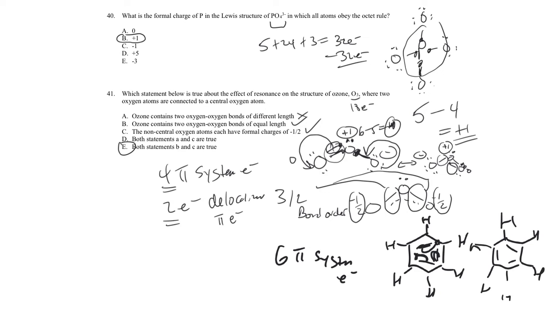Then it's not 12, because these are the electrons that were here. Just like we don't count these two and then over to here and double count them again. So we don't say 8 for ozone. We still say 4 pi system, 2 electrons being delocalized. The only thing that's interesting here for benzene is you have 6 pi system electrons and you also have 6 electrons delocalized.